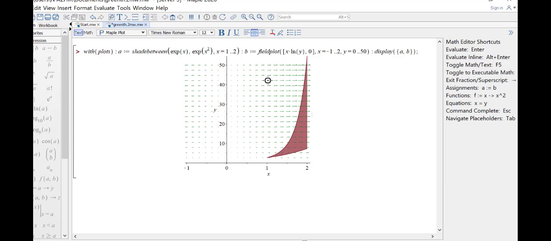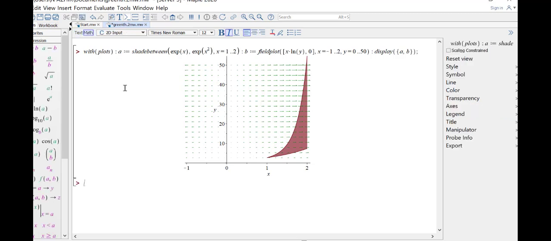Now we have this and we want to get the integral and see whether our answer is correct or not, we just check. So we want to get the integral.